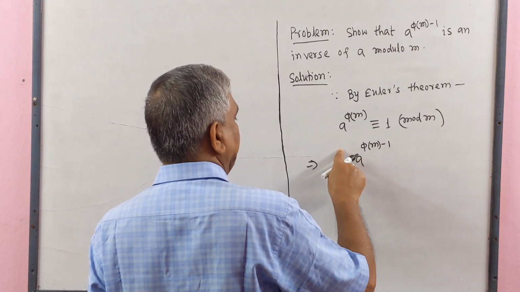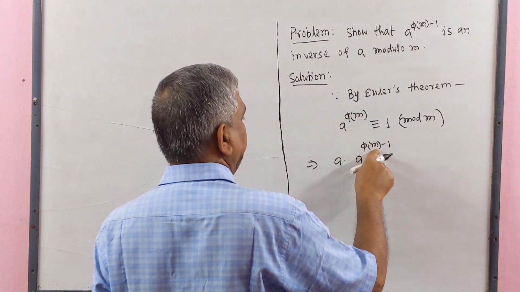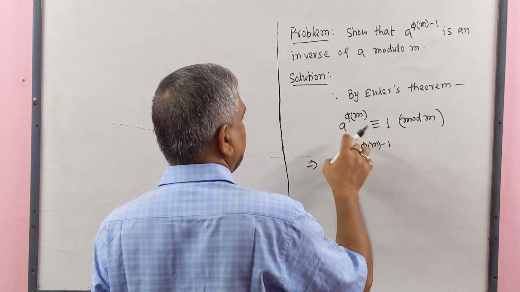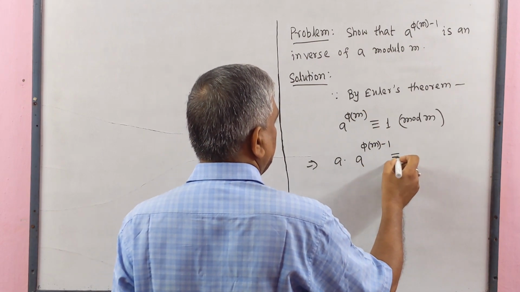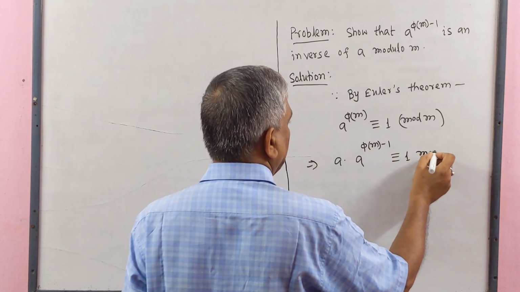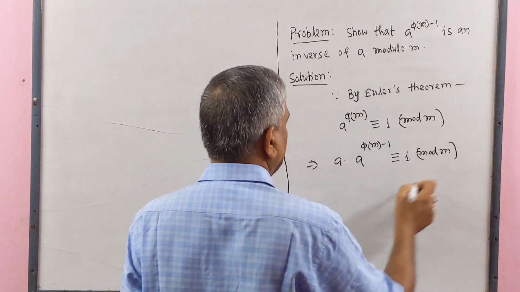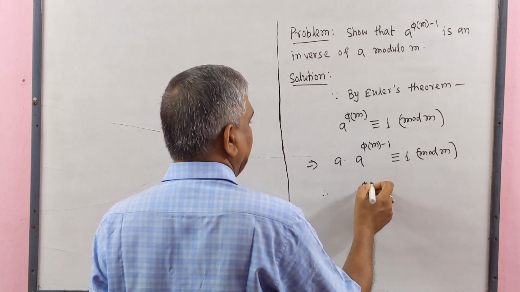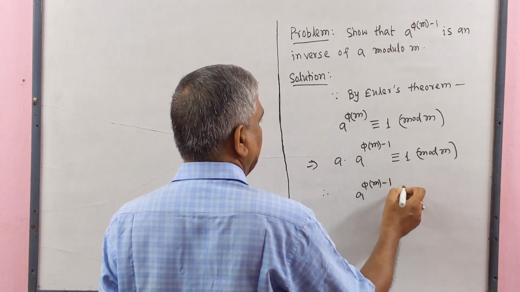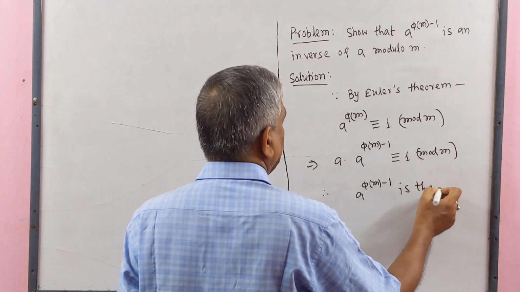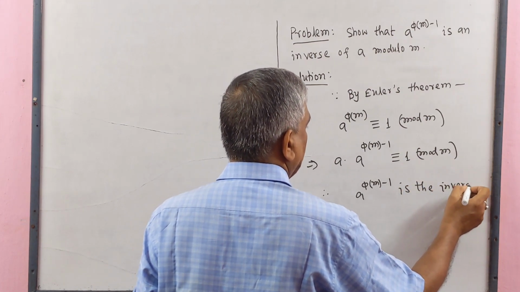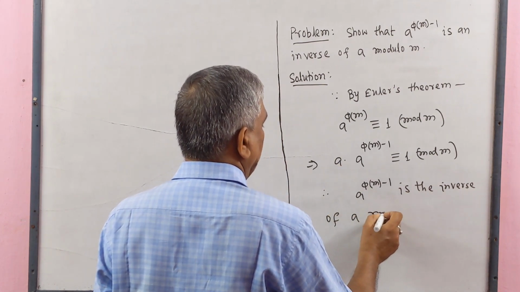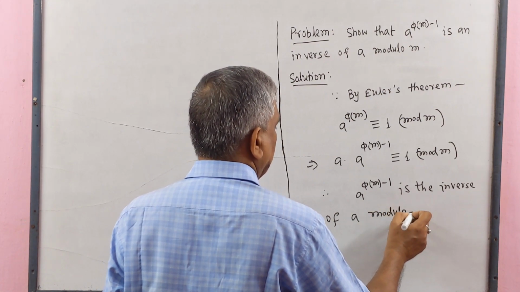Here power is 1, here power is phi m minus 1. So ultimately this makes A to the power phi m congruent to 1 modulo m. Therefore, A to the power phi m minus 1 is the inverse of A modulo m.